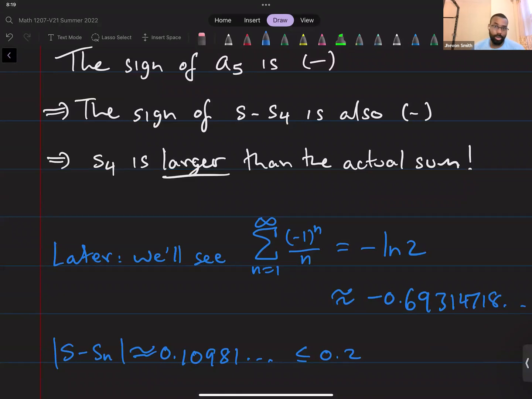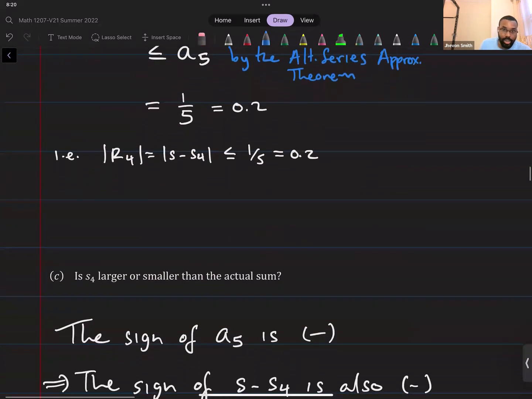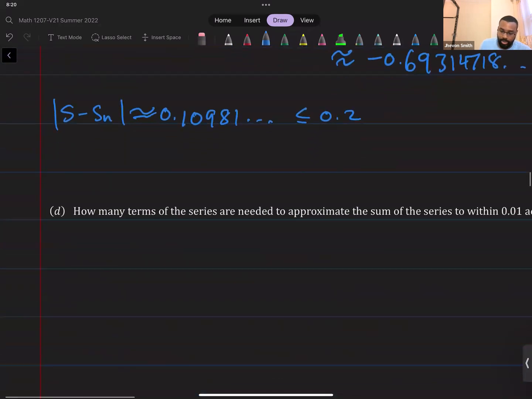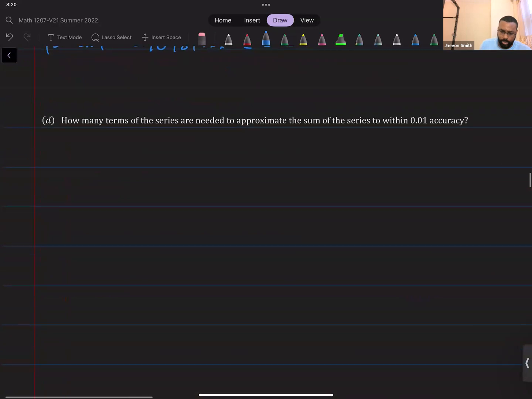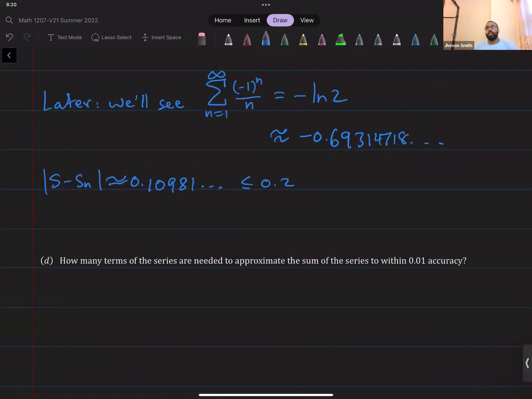So it turns out we can actually know how good we are to the actual answer. That's a big error, all things considered, but it's something that we can know, what the error is, and figure that out. So another question is, let's say we actually know what we want the error to be.